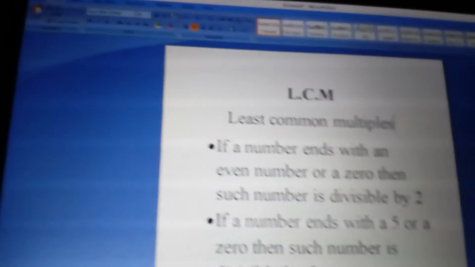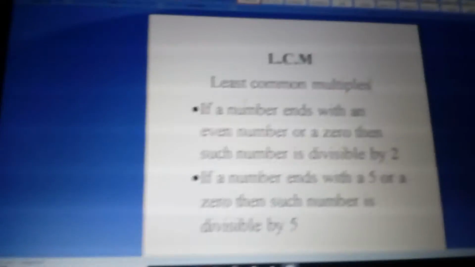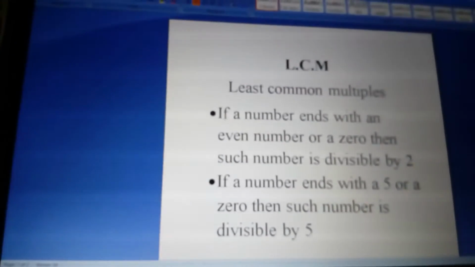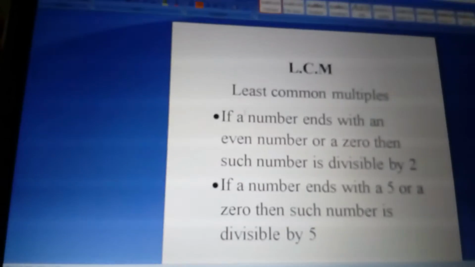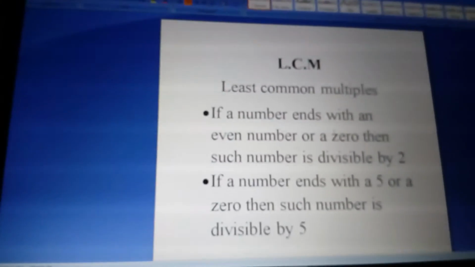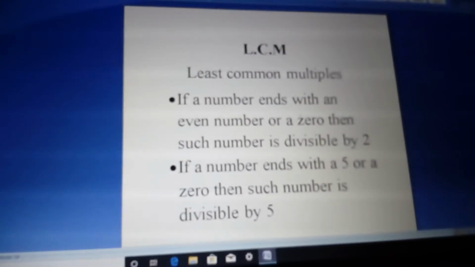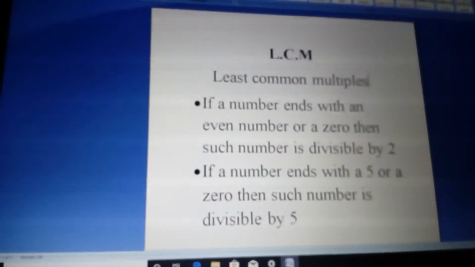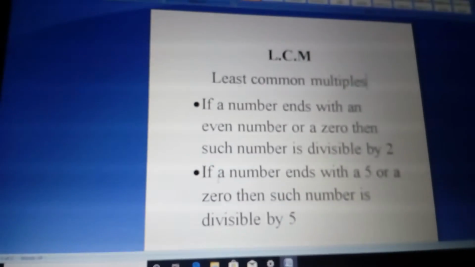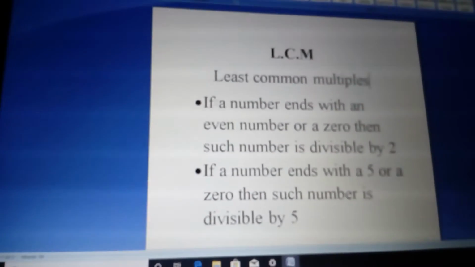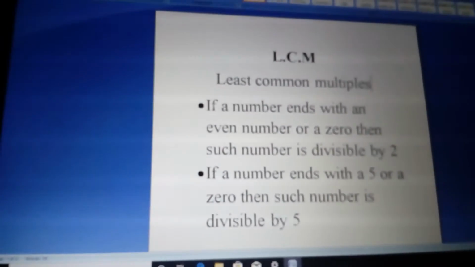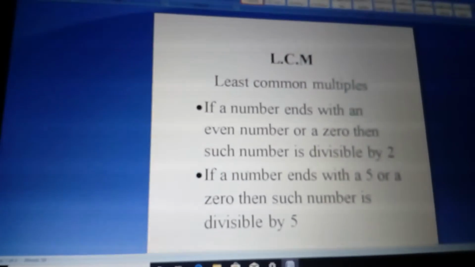Usually when solving for L.C.M, I give my students some conditions to follow in order to make it easier for them when solving, and I've listed 2 conditions here, which I grabbed from divisibility of numbers.